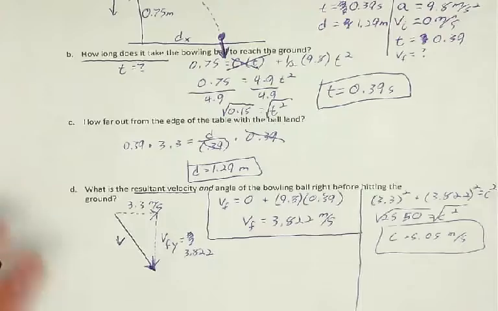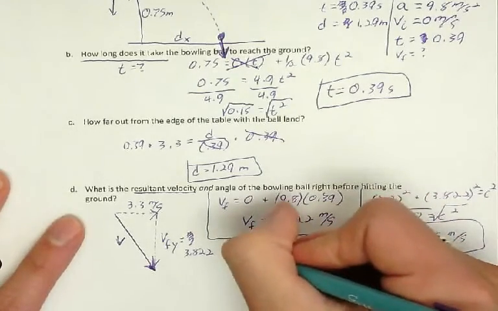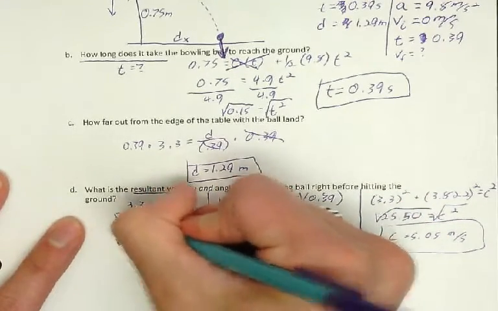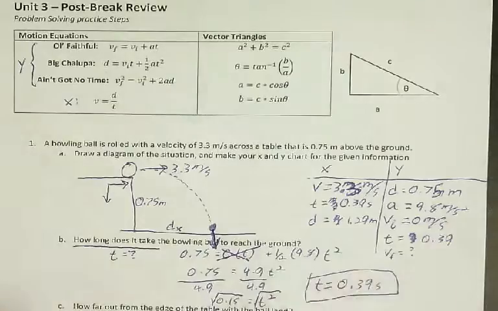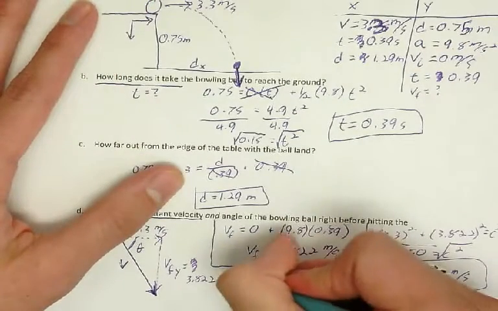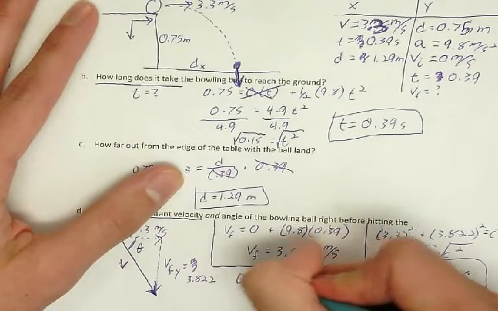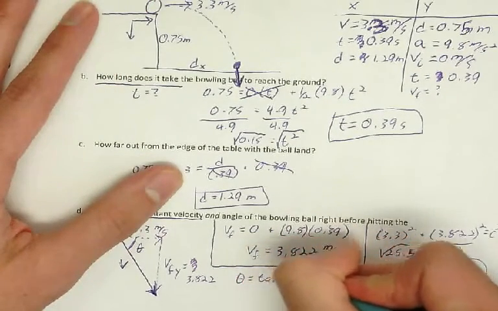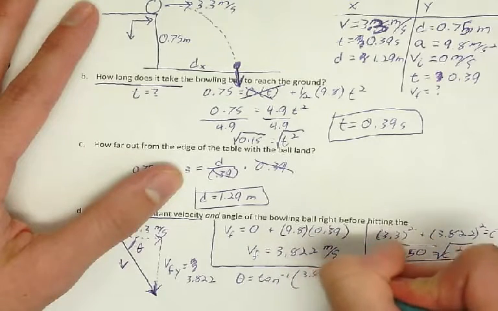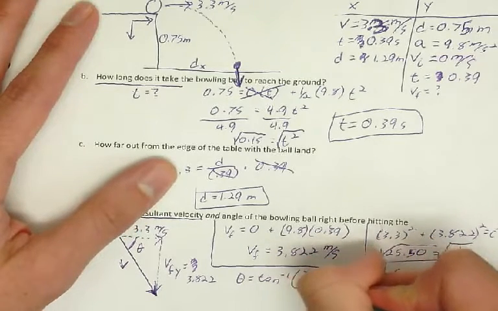All that's left is to find the angle theta. And that's this angle here. We do that by doing tangent. So tan -1 of b over a. So theta equals tan -1 of b, which is 3.822, over a, which is 3.3.